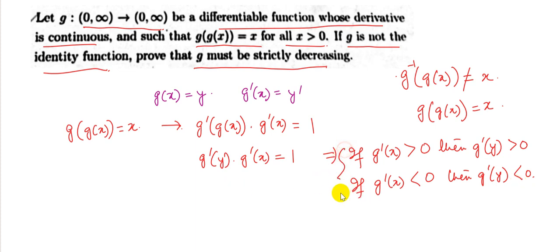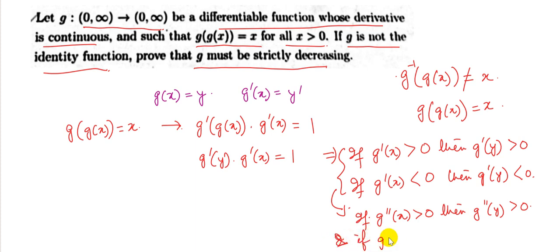So therefore if g double dashed x is greater than 0, then g double dashed y should also be greater than 0, and if g double dashed x is less than 0, then g double dashed y will also be less than 0.